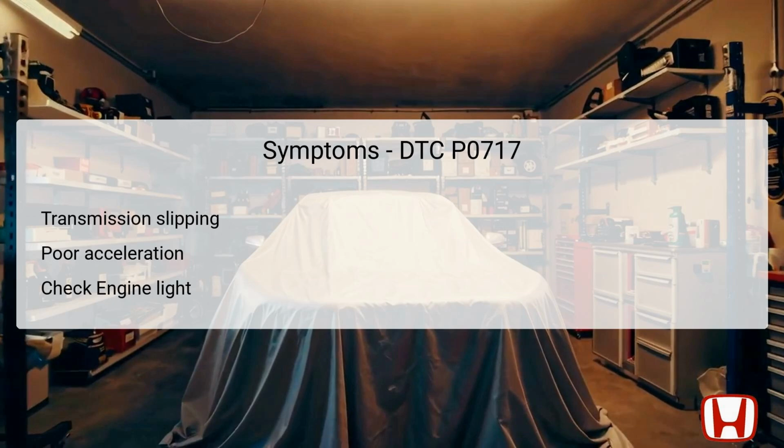This can also result in poor acceleration, since the TCM is unable to determine the optimal gear ratio for power delivery. Additionally, the check engine light will illuminate, alerting the driver that a transmission-related issue has been detected. Recognizing these symptoms early will aid in timely diagnosis and repair, ultimately reducing the likelihood of further transmission-related complications.